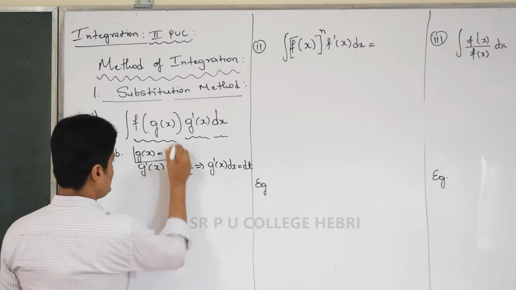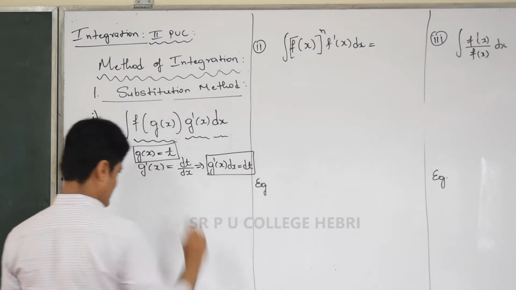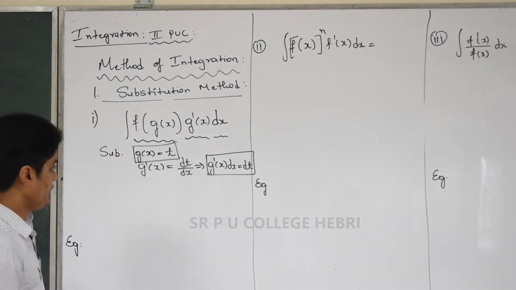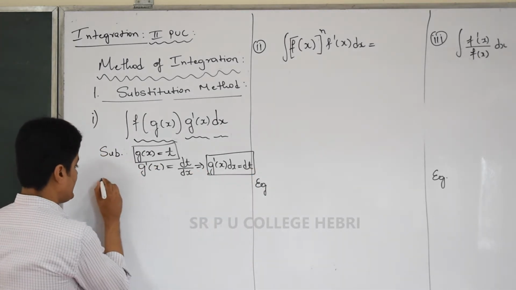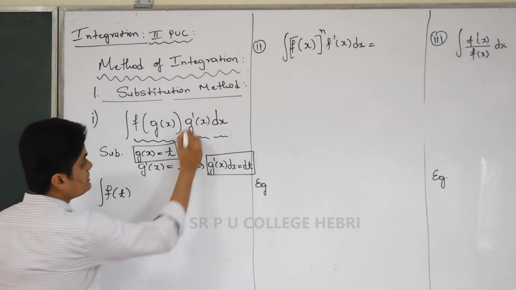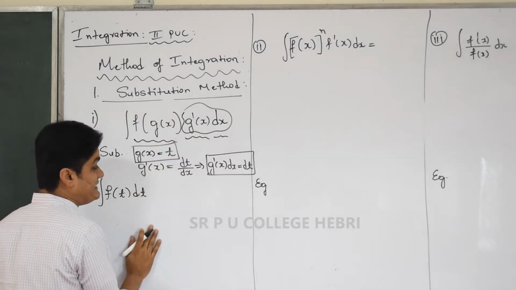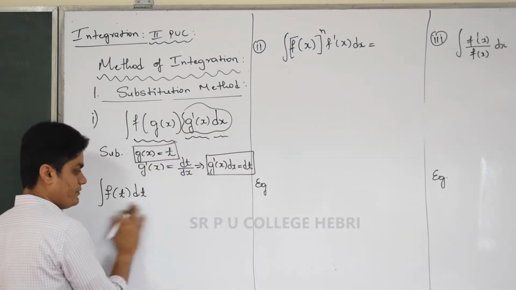So we need these two: g of x is equal to t, and g dash of x into dx is equal to dt. Now use these two in the given problem. Observe, g of x becomes t, and g dash of x into dx converts into dt. So it will convert into f of t into dt.